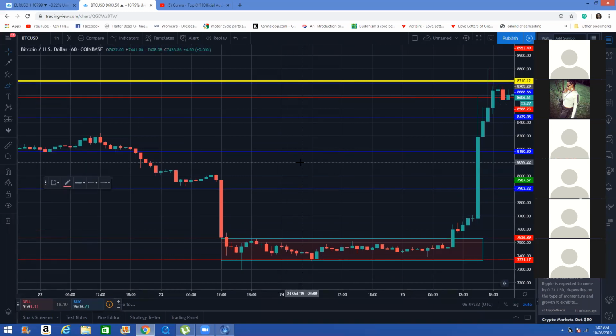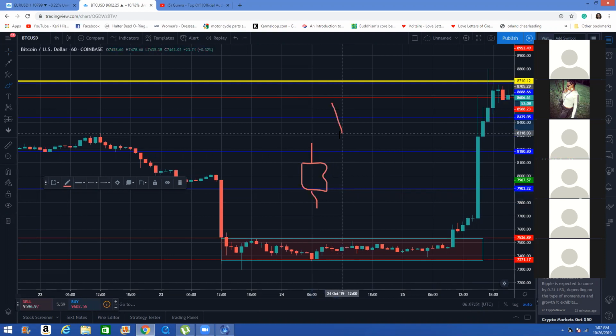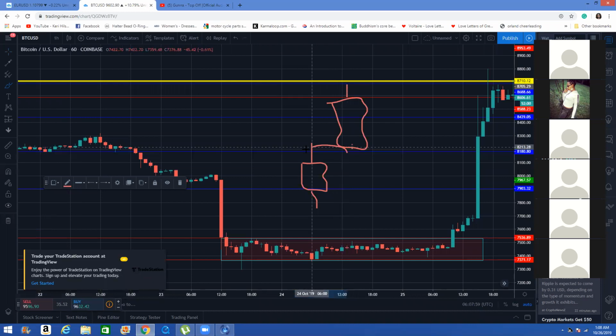All right. So if you might have a little candle like this, and then you might have another candle form all the way up here, right? So that means that this right here is a gap.